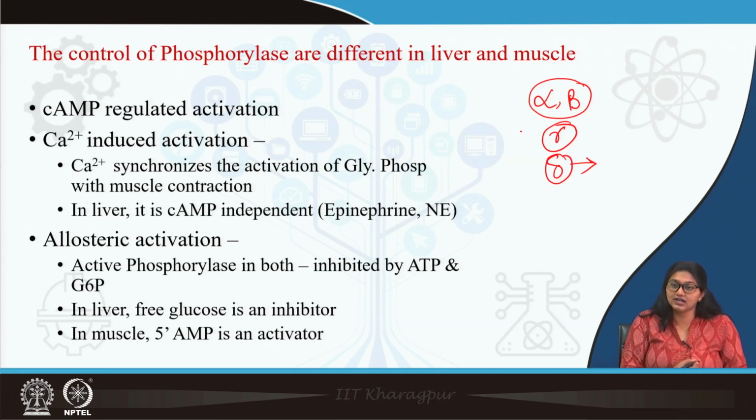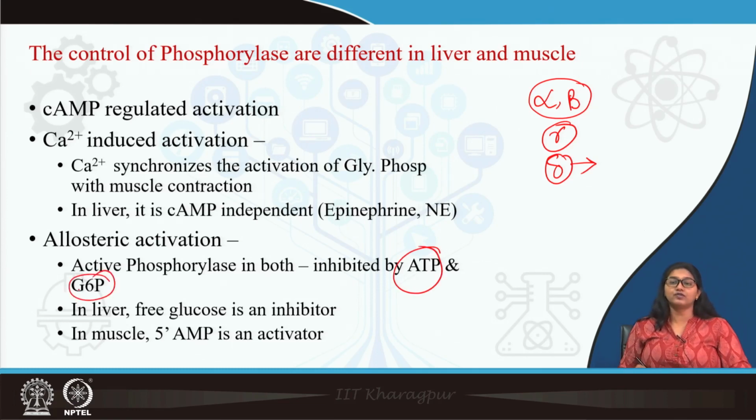Then there is allosteric activation, which is also different in skeletal muscle and liver. In both the organs, inhibition of phosphorylase occurs with the help of ATP and glucose 6-phosphate. These are common for liver and skeletal muscle. In skeletal muscle, I have already told that 5' AMP or AMP is an allosteric activator.